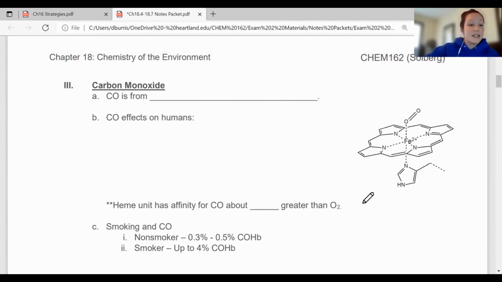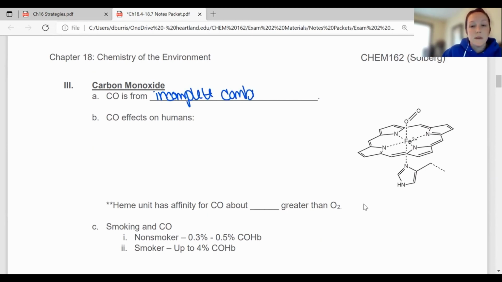Carbon monoxide is another issue in the atmosphere, and carbon monoxide is from incomplete combustion of hydrocarbons. We combust hydrocarbons in order to get fuel. The CO is a byproduct of that incomplete combustion.